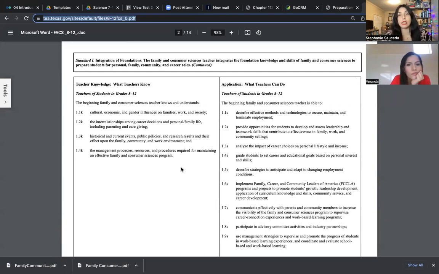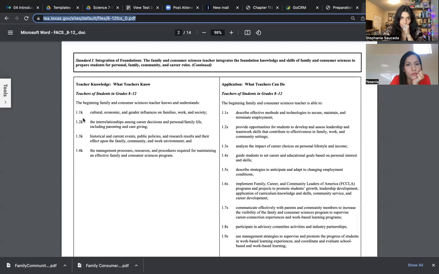What does integrate mean? It means that you are bringing together, synthesizing foundation knowledge and skills of family and consumer sciences to prepare students for personal, family, community, and career goals. So that's the overarching goal of standard 1.